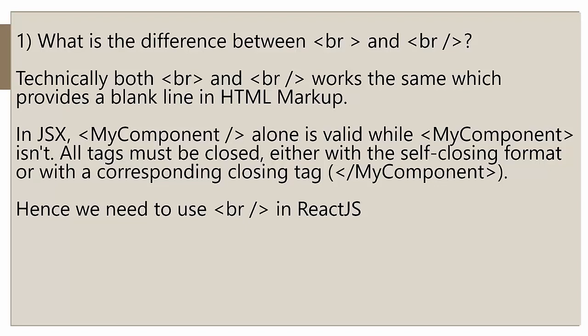All tags must be closed. That is the condition for JSX syntax, either with the self-closing format or with a corresponding close tag, which is slash my component. Hence, we need to use BR with a self-closing tag in ReactJS. That is the answer, okay?